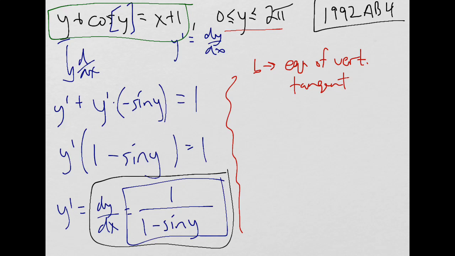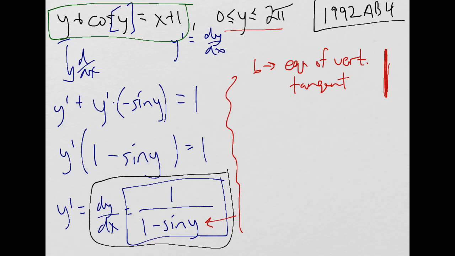I get a vertical tangent when the slope is undefined. I want a slope that goes straight up and down like this. If you think about dy/dx, I don't have a way to describe that slope as a number, so it's when the bottom of the fraction is 0.